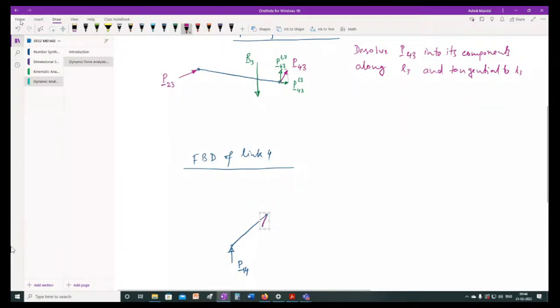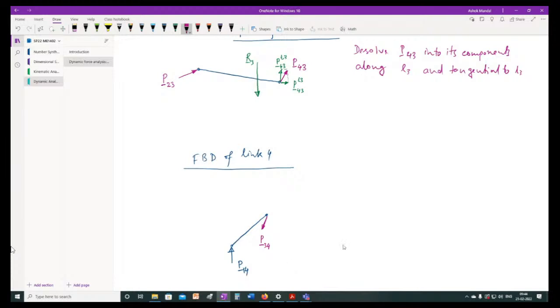this is the force exerted by link 3 on link 4.